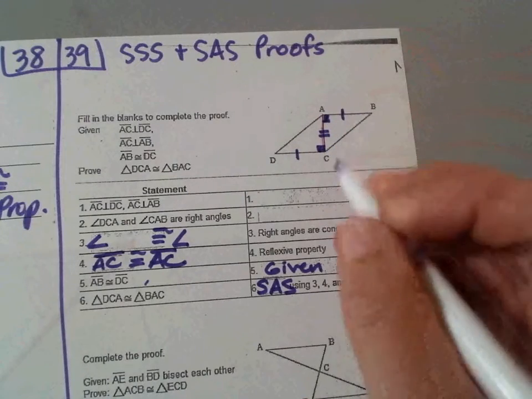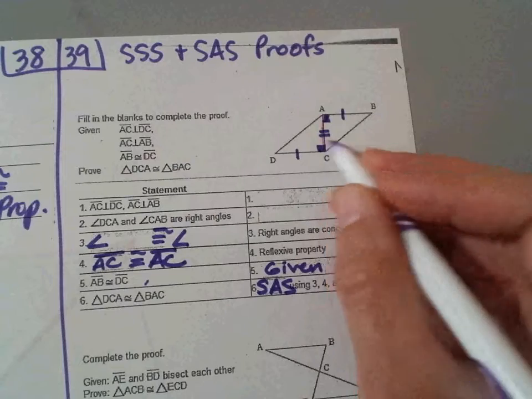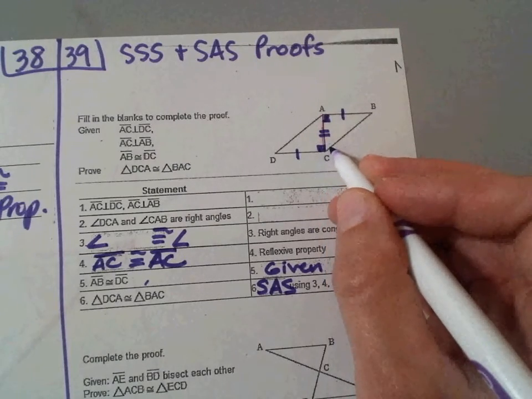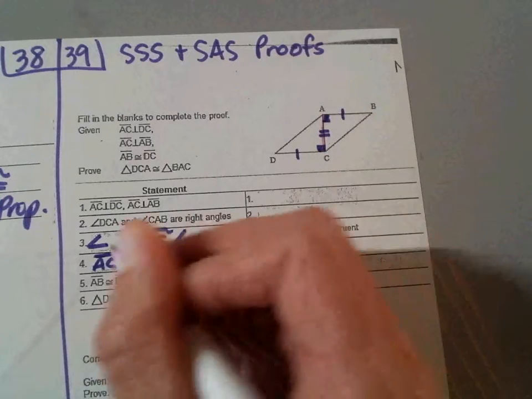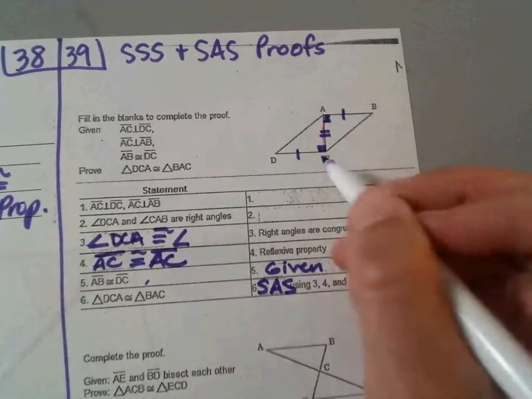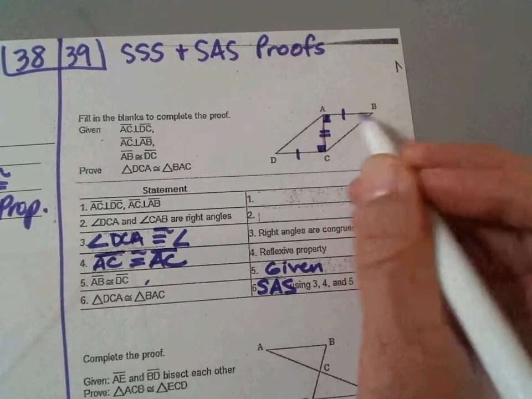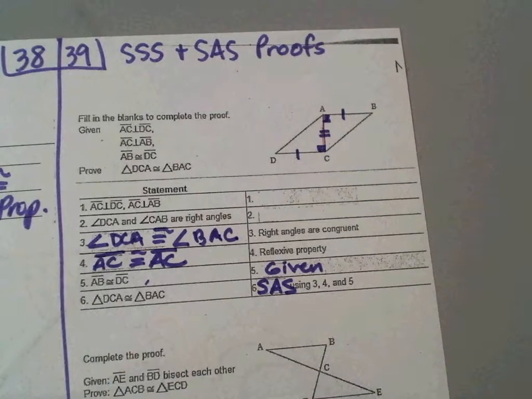Okay, so can I call that angle C? No, because there's 2 angle C's, here or here. So you got to name 3 letters. DCA or ACD is fine. So let's put DCA and angle BAC will work. All right, so we're almost done.